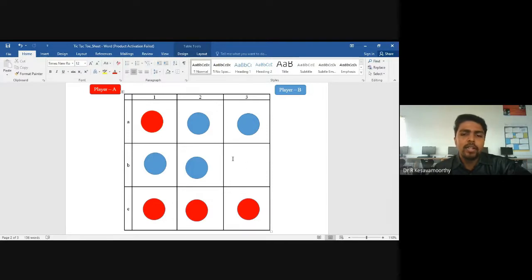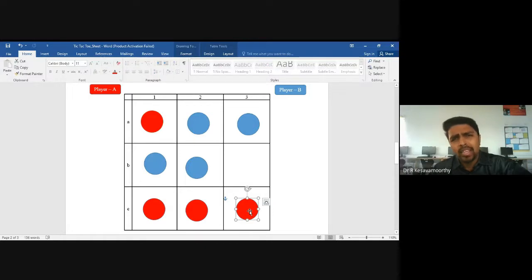So the winner can be decided easily: whoever places 3 coins in the same row or the same column or even diagonally. So you can see here in the first game, player A followed the instructions of the sheet and player B used his own natural talent, and we got to know that player A won the game.